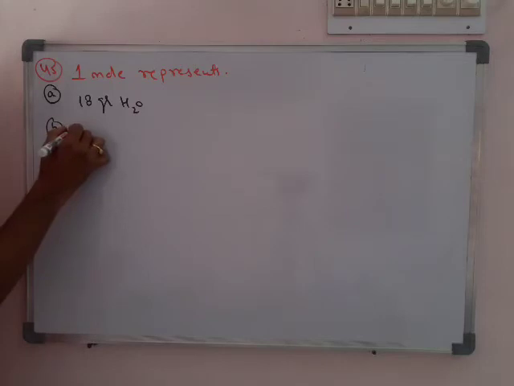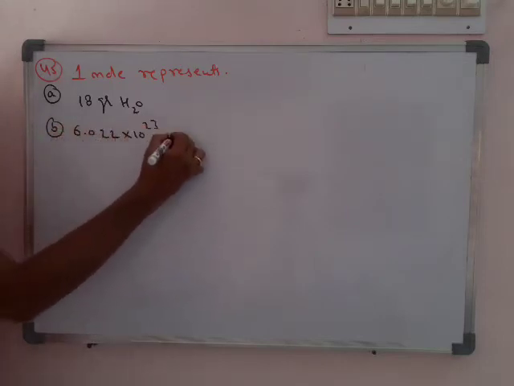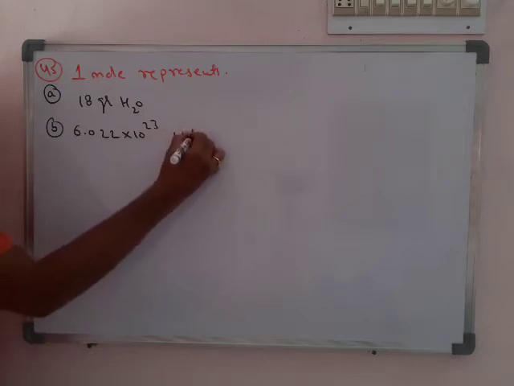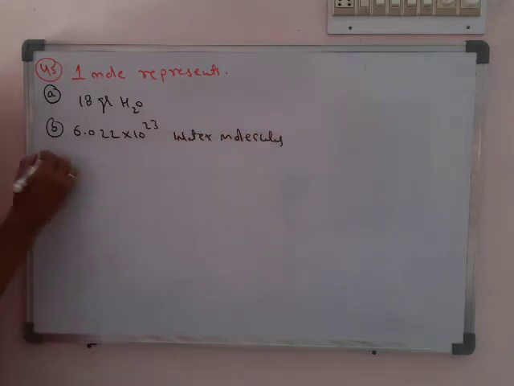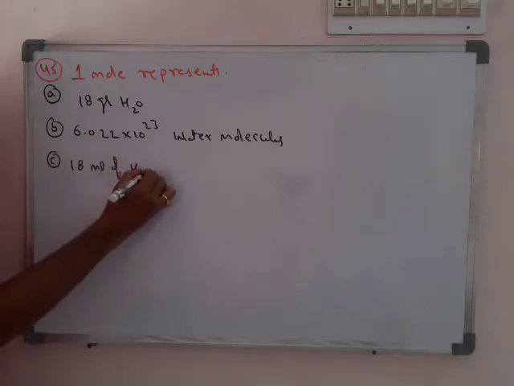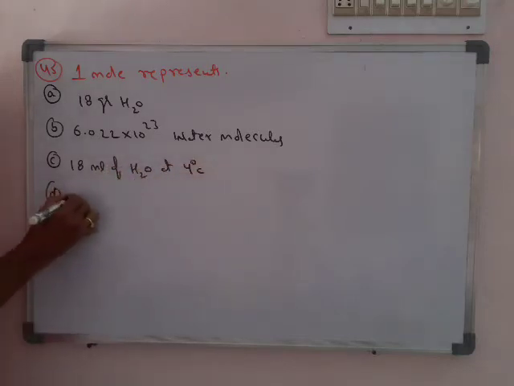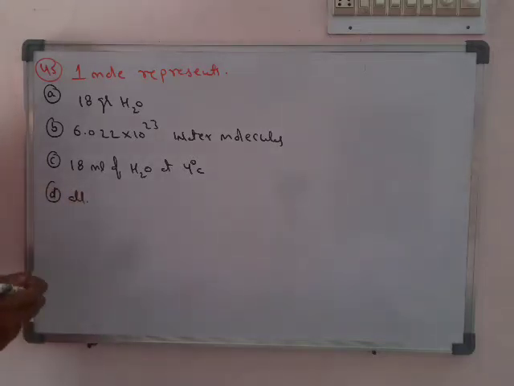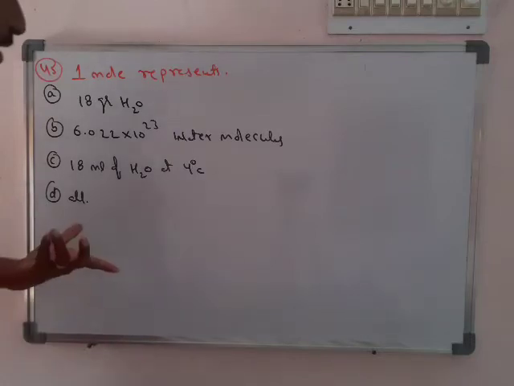The option second is 6.022 into 10 power 23 water molecules. 18 milliliter of water at 4 degrees Celsius. So I think you got the answer, because the first two are automatically simple and correct.